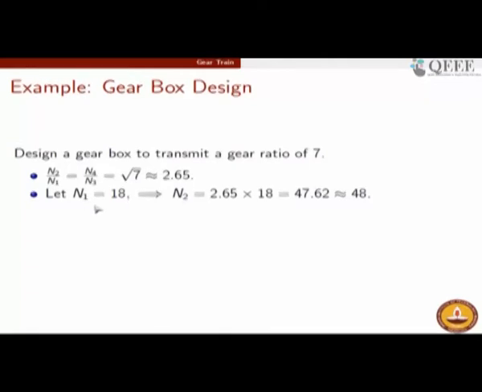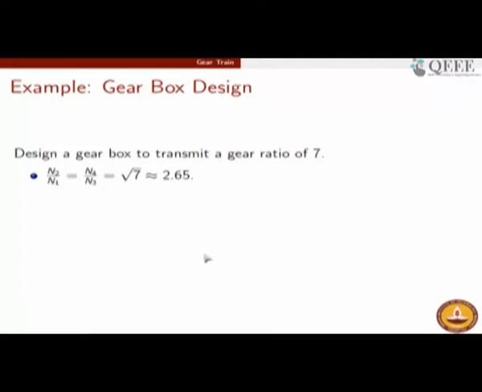So 18 teeth on the first gear gives me 2.65 times 18 teeth on the second gear, which is 47.62. But you cannot have 47.62 teeth in any gear. So we choose this N2 to be 48 rather than 47.62.